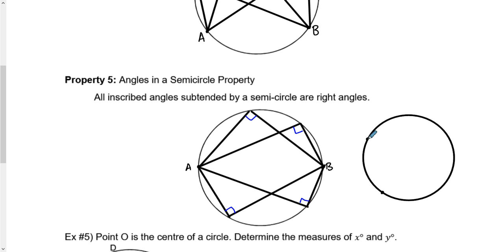So if you have a semicircle, we'll call this A and B, we'll call this C and D. So if I subtend the arc AB with C, the reason that doesn't look like it is because it didn't actually go perfectly there. This would be making a 90-degree angle there.